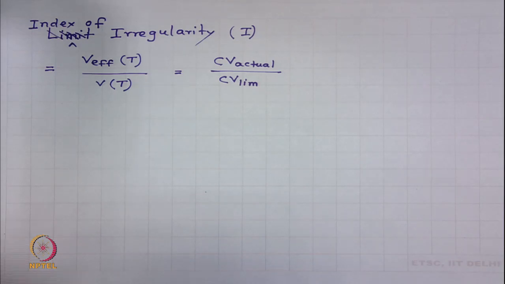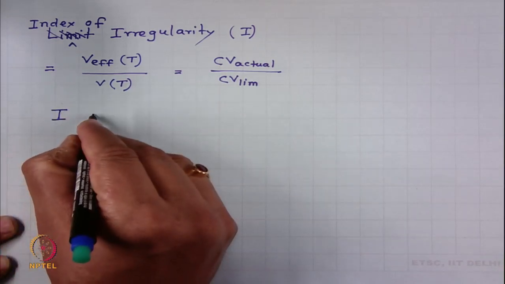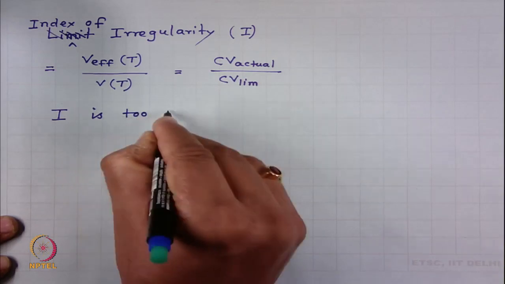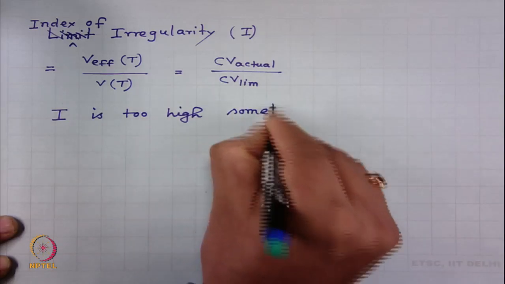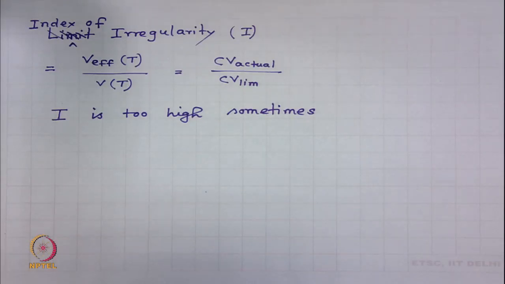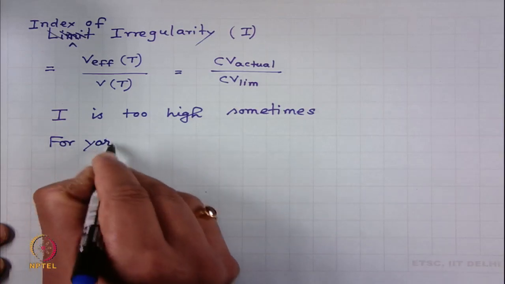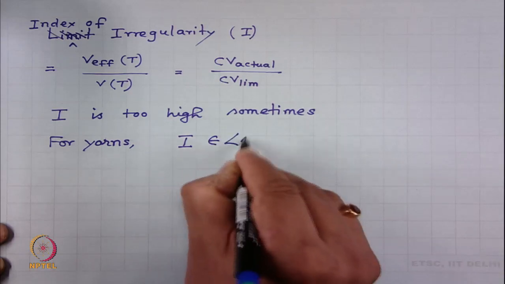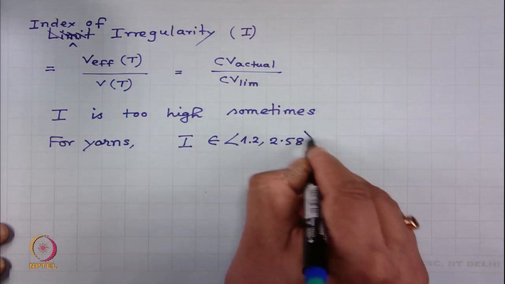What we observed is that index of irregularity I is too high sometimes. For yarn, this index of irregularity found to be in this range.